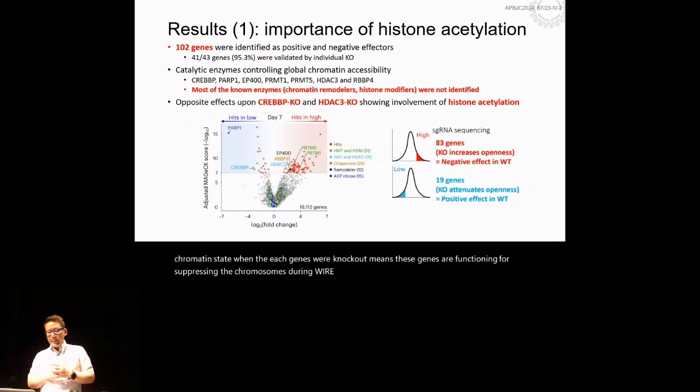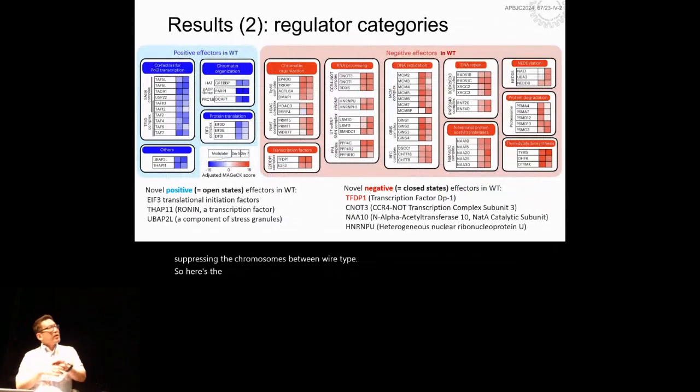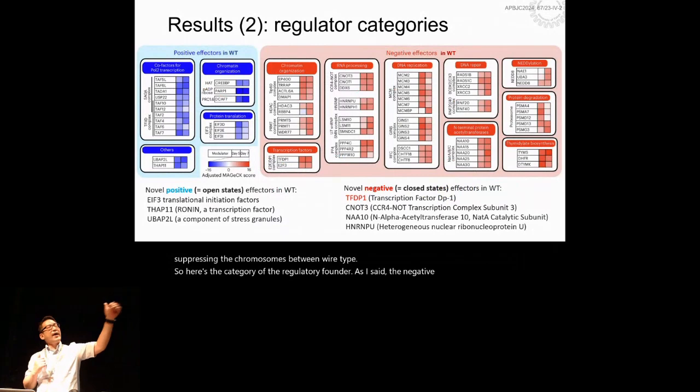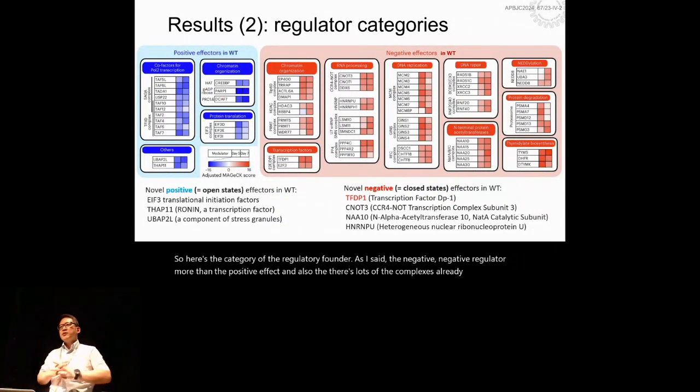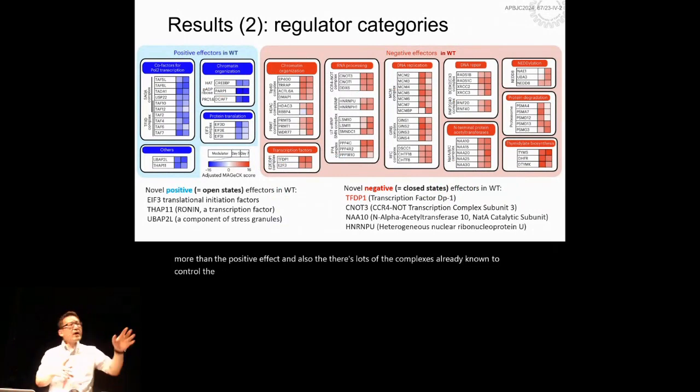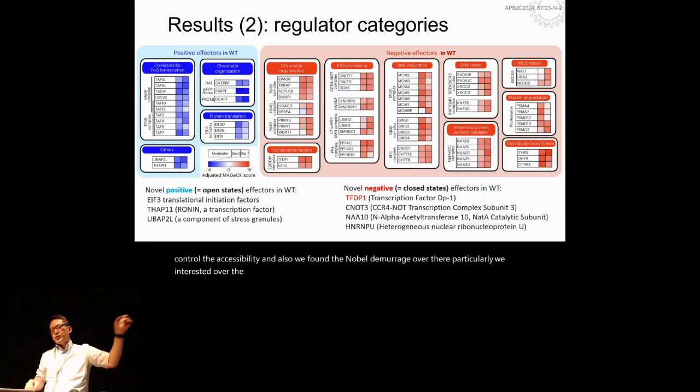So here's the category of the regulators we found. As I said, there are more negative regulators than positive ones. And there are lots of complexes already known to control the accessibility, and we also found novel molecules. Particularly we were interested in TFDP1 because it is a transcription factor.